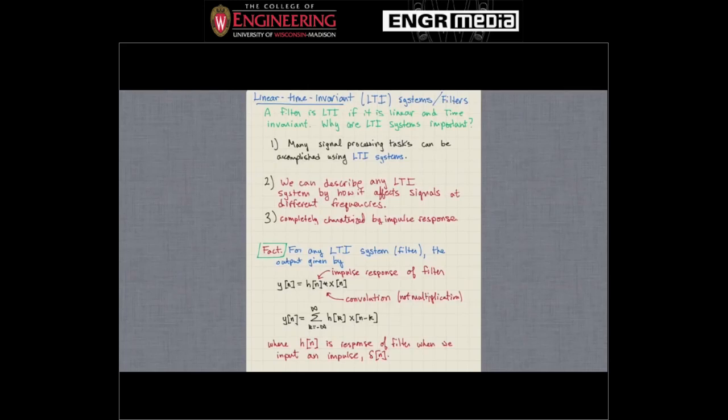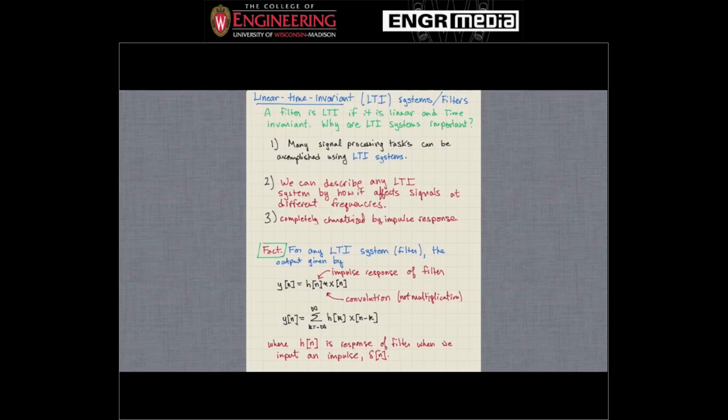So again, a filter is LTI if it's linear and time invariant. And we might ask, well, why is that important? The first reason is that a lot of signal processing tasks can be accomplished using LTI systems in practice. If you think back to the bass boost thing we did in lab, that was an LTI system.